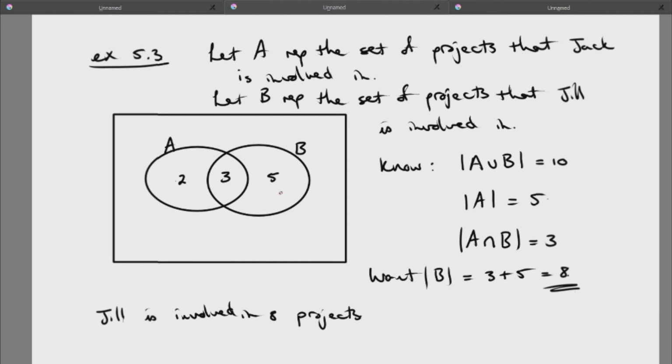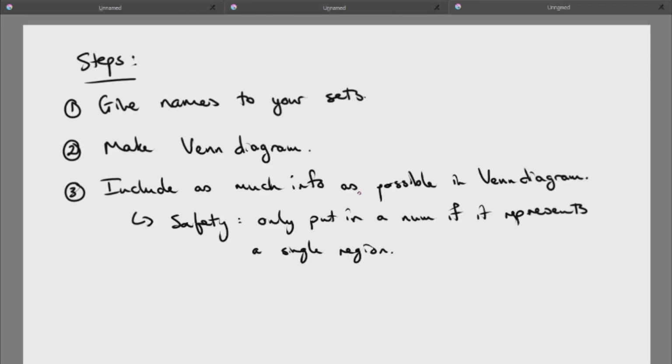I didn't put them in because they didn't correspond to a specific single region. I waited until I could do that, and then other regions revealed themselves. Does that mean you pretty much put the intersection in first then? But it depends what they give me. In the more straightforward ones, they'll probably give me that. I just have to wait until I can put something in.